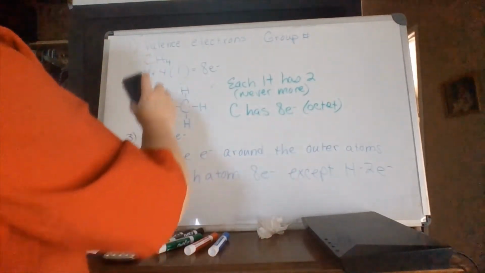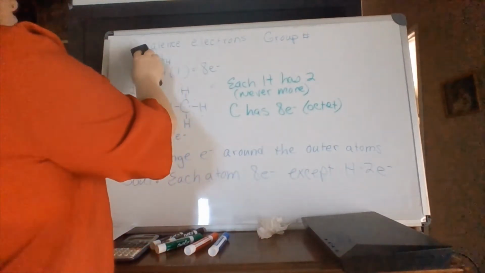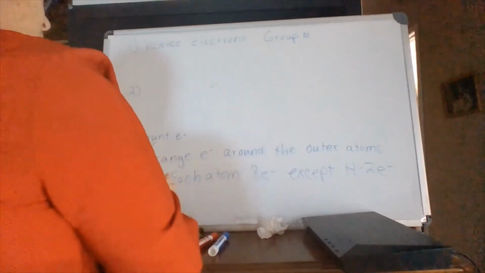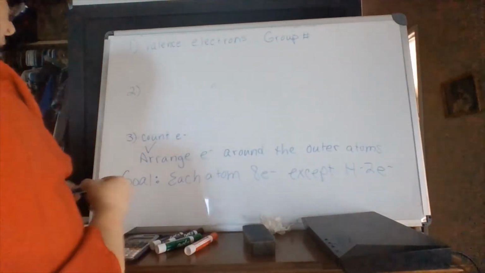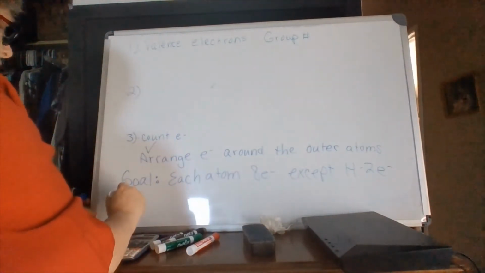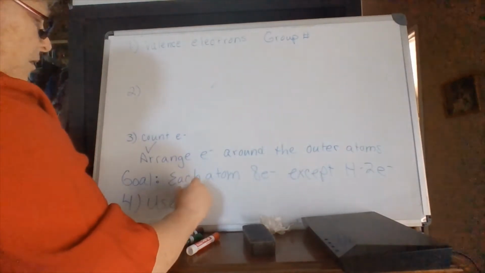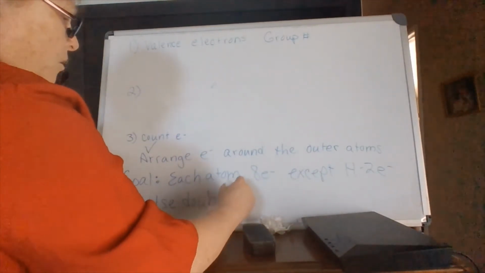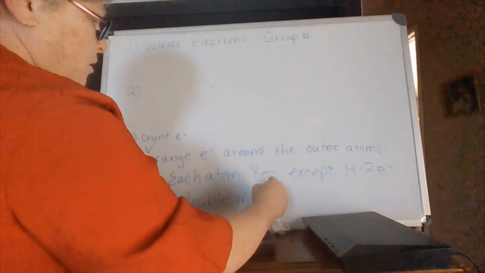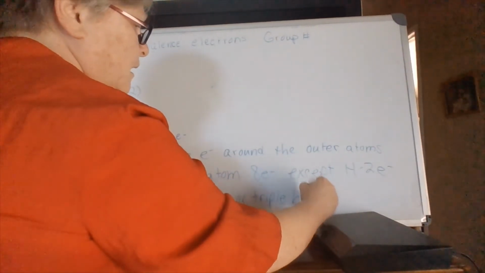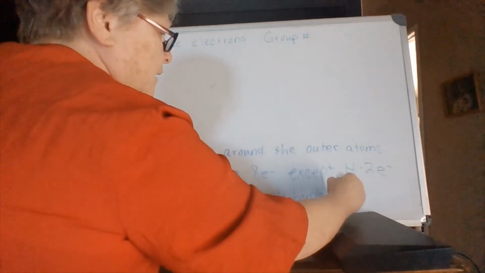Let me do another example here because I think I have more instructions for you. So step 4 would be to use double or triple bonds if needed.